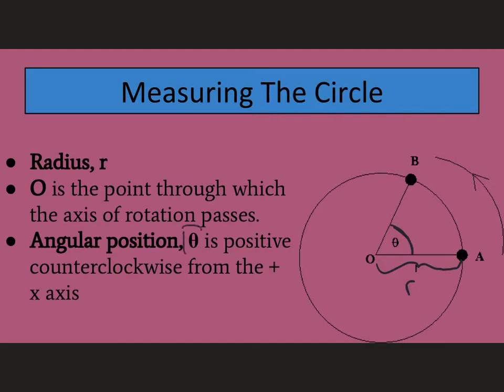This 0 with the line through it is the Greek letter theta, and that's a capital letter. And then this distance from A to B is what we call an arc, and we'll symbolize that with an S as we go through here today.